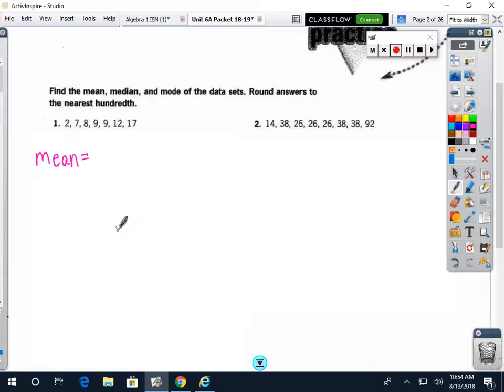So go ahead and add up that data that they gave you. 2 plus 7 plus so on. Okay, 64 is the sum of the data. So is that the mean? No, because what else do we have to do? Divide it by 7 because that's how many numbers they gave you. So go ahead and divide that by 7.